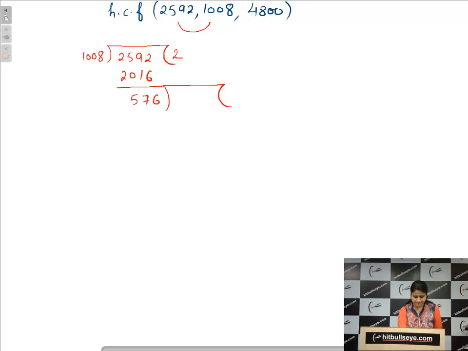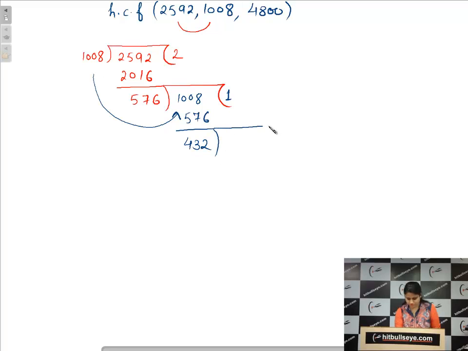Now the next thing, take the old divisor as new dividend and old remainder as new divisor, and do the normal division. Again, we will take old divisor as the new dividend.